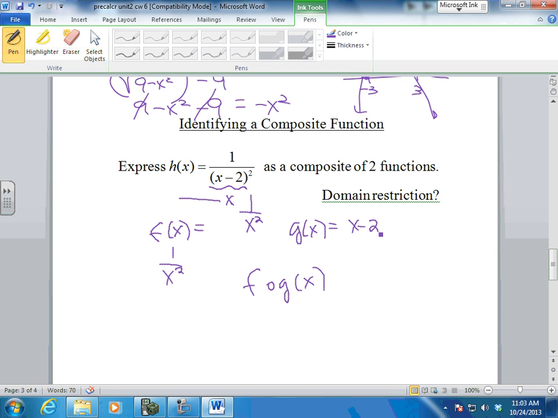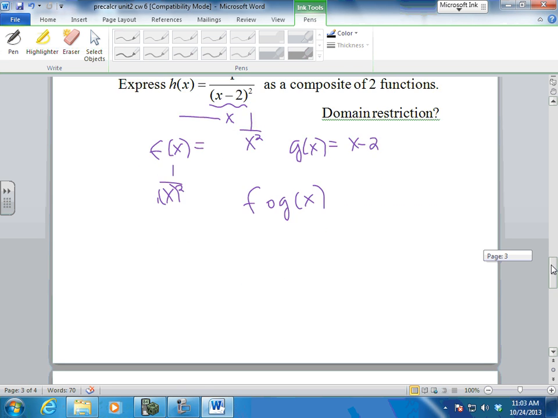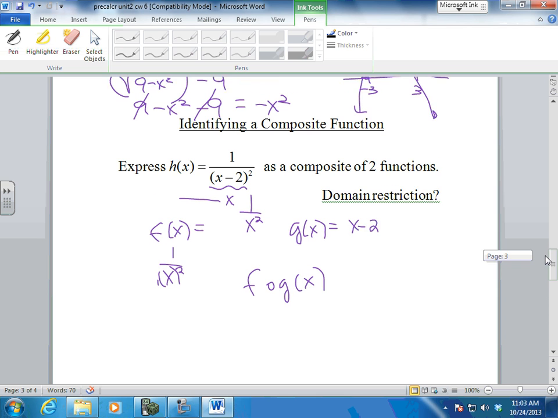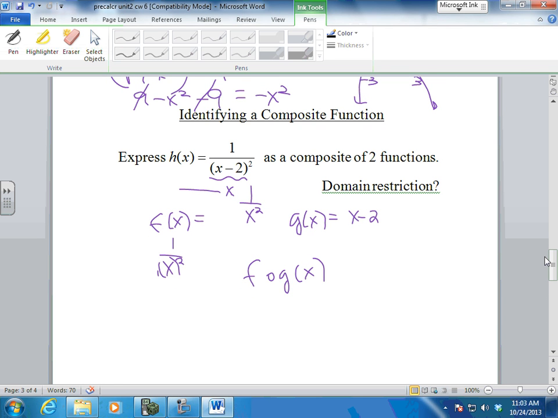So if I take x minus 2 and I plug it in for that x, don't I get that? See it? See it backwards? That's a good thinking question. Helps you think about it. And it depends which way I'm going. Which one is F, which one is G.